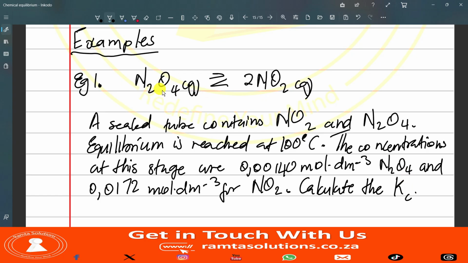Now you can see this is our balanced chemical equation, right? We can see the substances are all gaseous. And by the way, this is a homogeneous equilibrium because all substances are in one phase. Now let's find our solution.